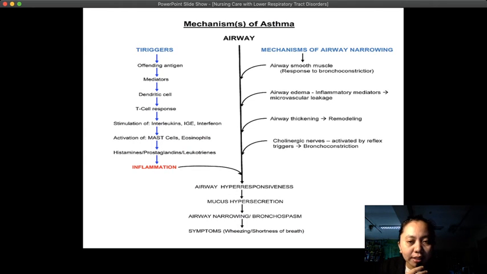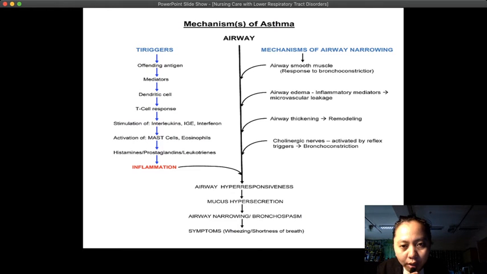So, mechanisms of airway narrowing. So, airway smooth muscle responds to bronchoconstrictor, and then airway edema, inflammatory mediators, microvascular leakage, and airway thickening. Okay, so remodeling. And then we have the cholinergic nerves activated by reflex triggers and bronchoconstriction.